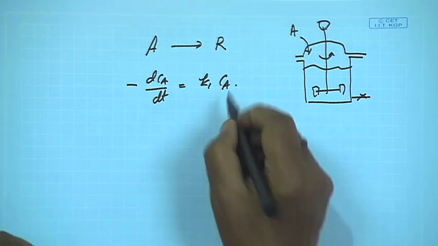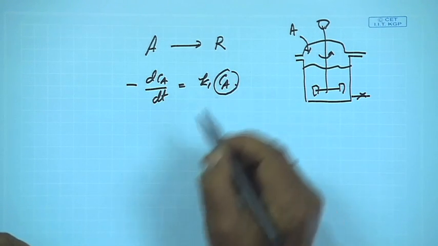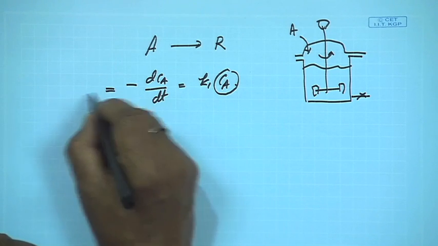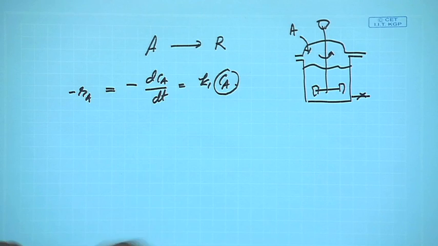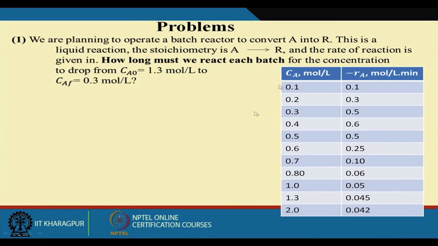So it depends on the concentration; this is directly proportional to the concentration. Here we can see that Ra is calculated as Ca changes.